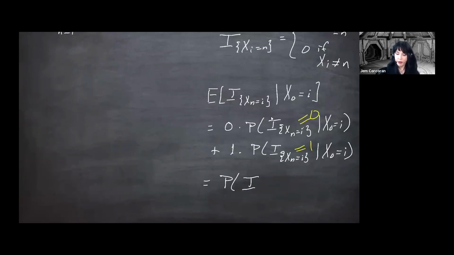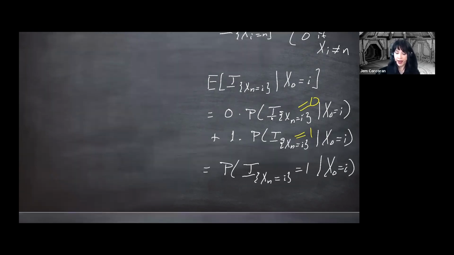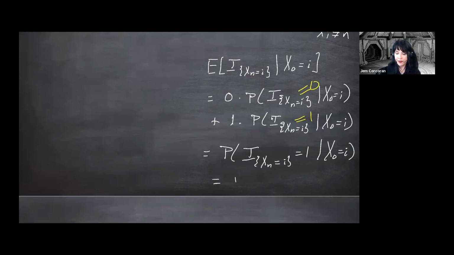So this is the probability that the indicator that x sub n is I is 1, given that x0 is I, and that indicator is 1 if and only if xn is I. So this is the probability that xn is I, given x0 is I.